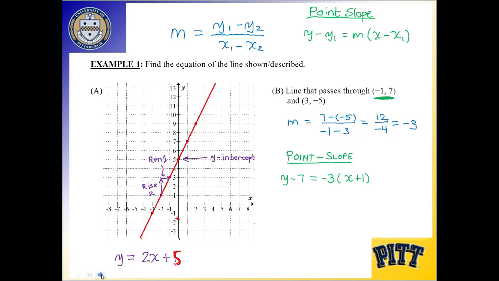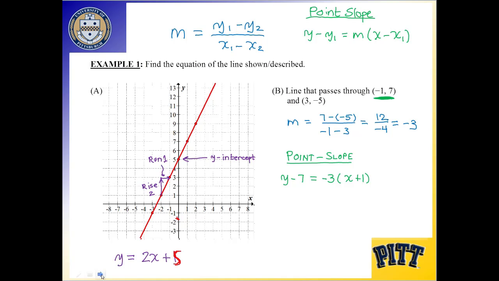So I'm doing y minus the y coordinate, x minus the x coordinate. That's why I get y minus 7 equals -3 times x plus 1. Students get confused and ask, shouldn't the 7 have a plus and the 1 have a minus? No, because I'm supposed to be subtracting the y coordinate. If I subtract 7, I get -7. If I subtract the x coordinate, I'm subtracting a -1, and subtracting a -1 becomes adding 1.